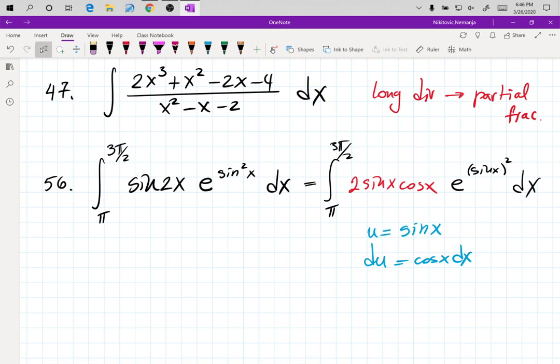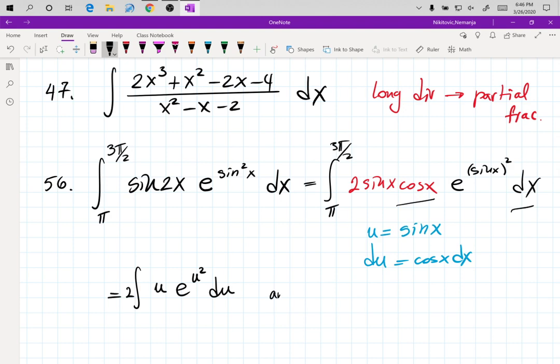So this might take care of the problem. Remember, you have to change the limits, so we'll get there. 2 gets kicked outside. Sine becomes u. Cosine along with dx becomes du. And yep.